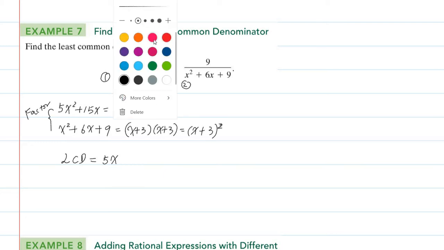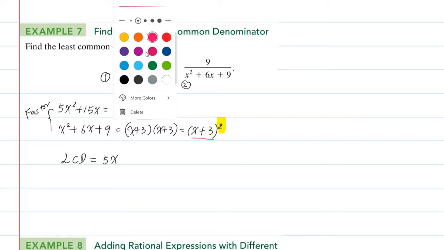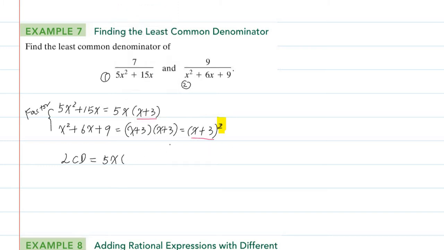They're the same, so anytime you have the same factor, you just take the higher power. Here we have power 1, here we have power 2. So we take the higher power, which is x plus 3 squared. Then you are done.